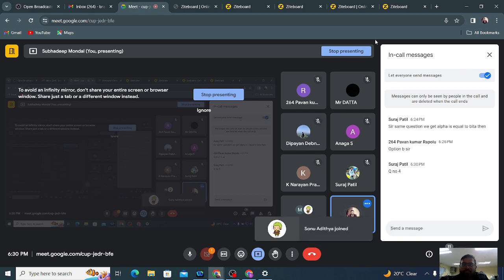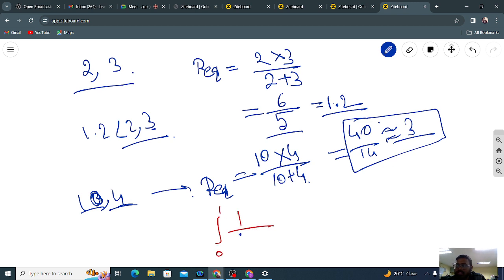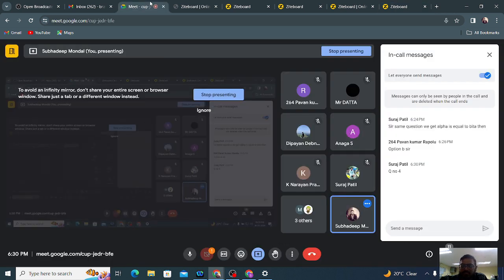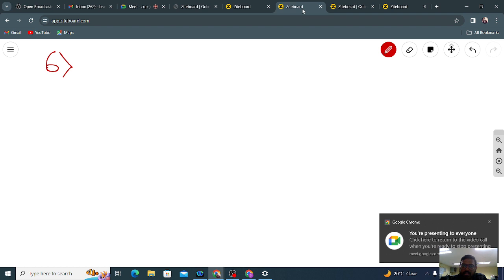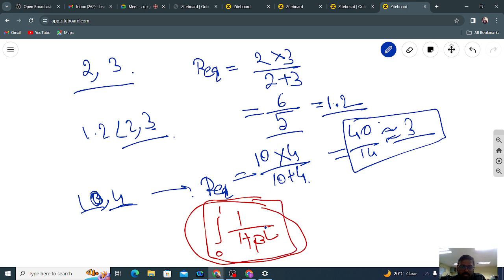I may know what the question is. Alpha can be replaced by beta, like from 0 to 1, 1 by 1 plus beta square. You are asking this one. Whatever I have written here, it does not depend on the particular variable.